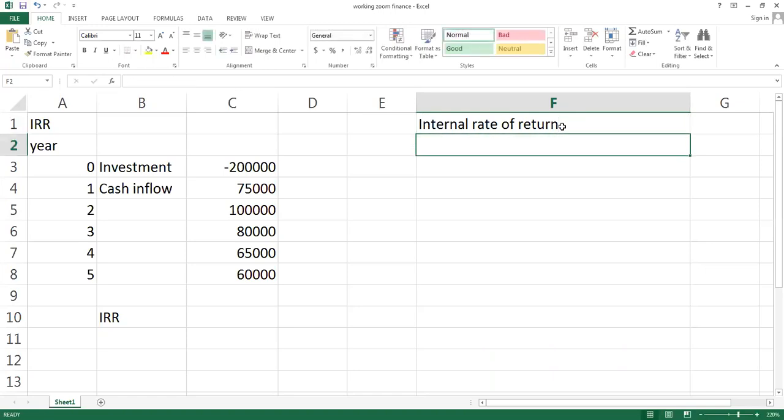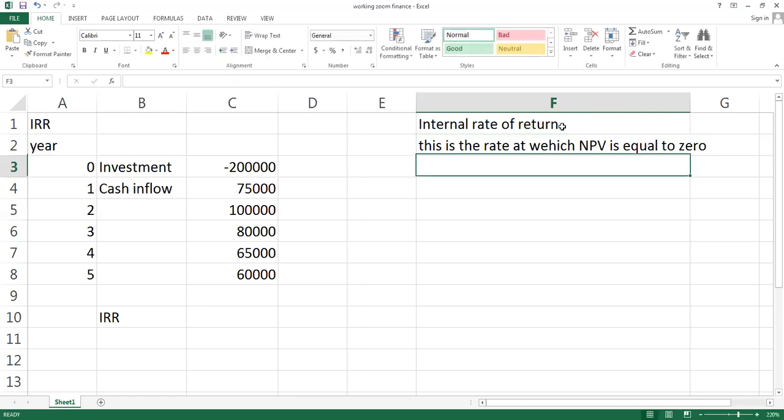There are many confusions related to this IRR. Generally, students assume that some rate should be given to find it out. But technically speaking, IRR itself is a rate of return. This is the rate at which NPV is equal to 0.